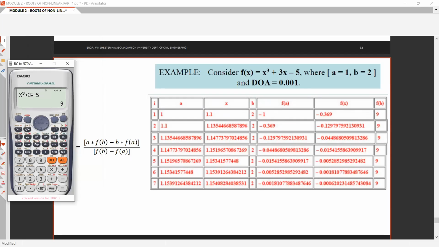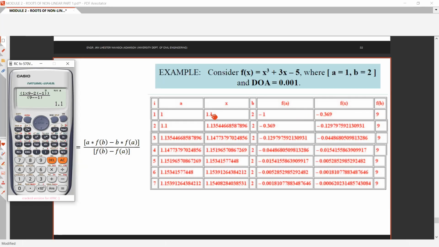So 1 times f of b, 9. Minus b, 2, f of a, negative 1. Divide mo siya ng f of b minus f of a. So 9 minus negative 1. So you have 1.1.